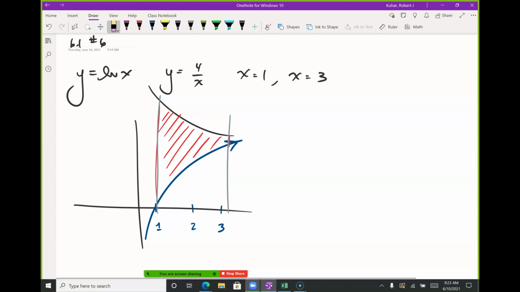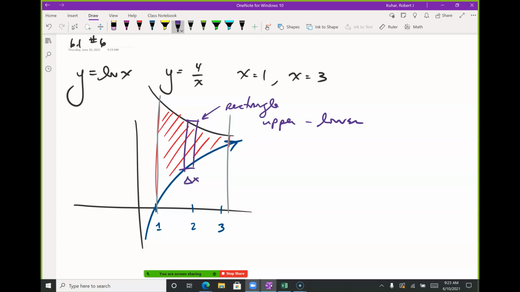So I'm going to do an upper minus lower here. And I can clearly see I have a delta x.